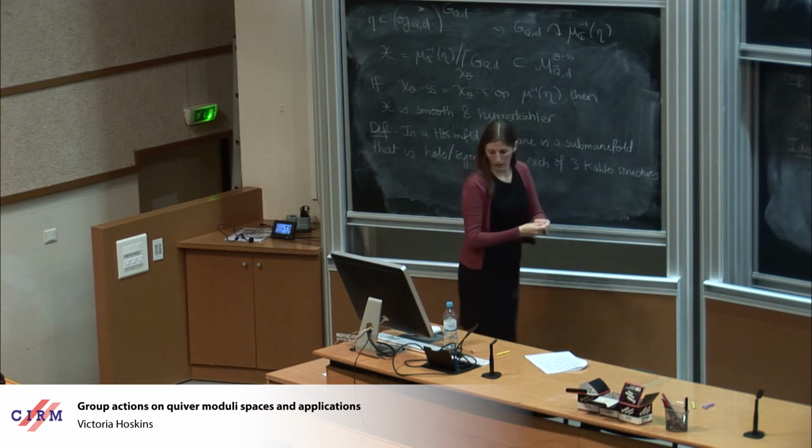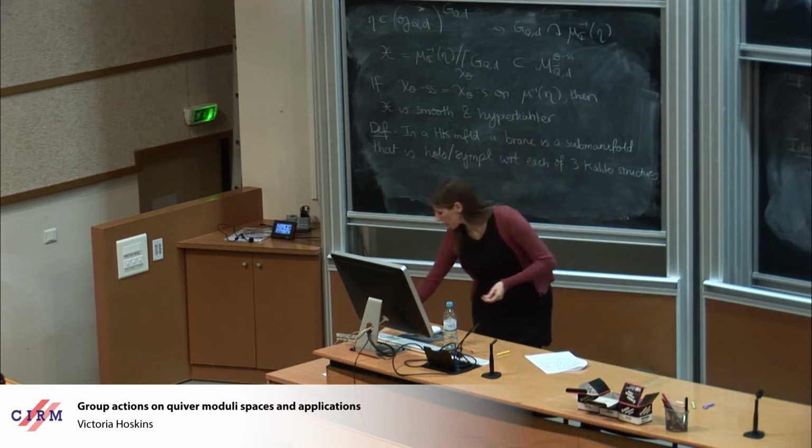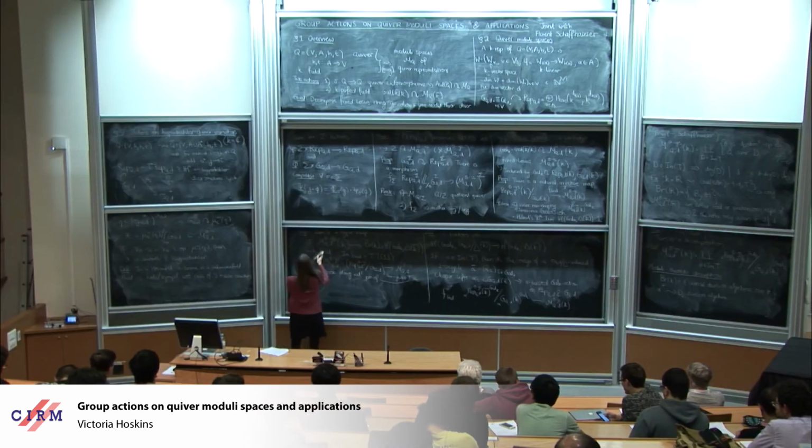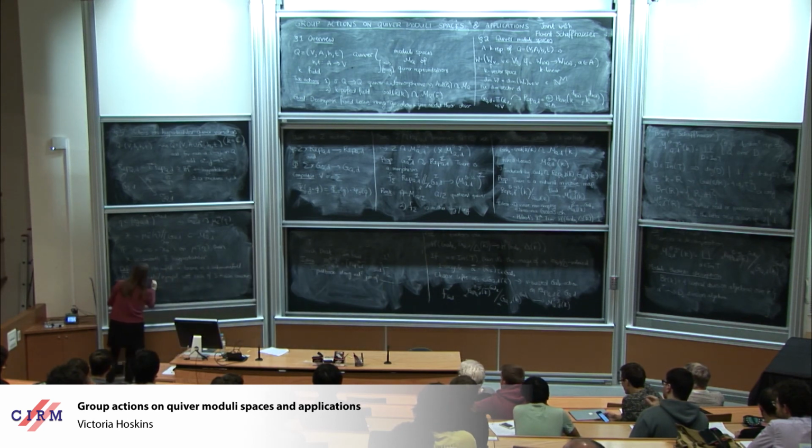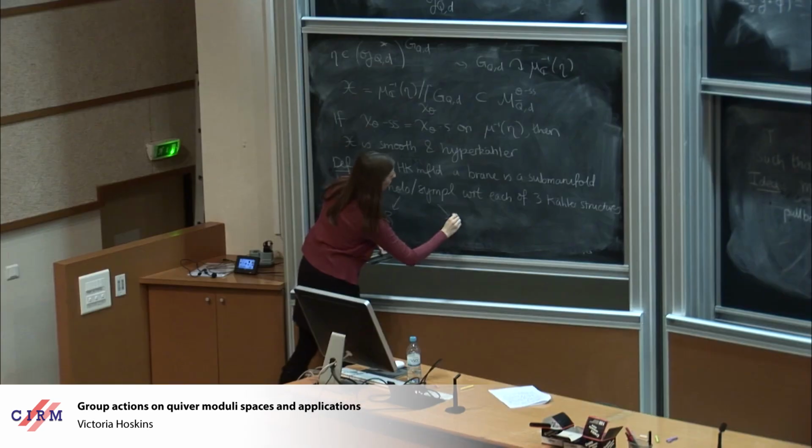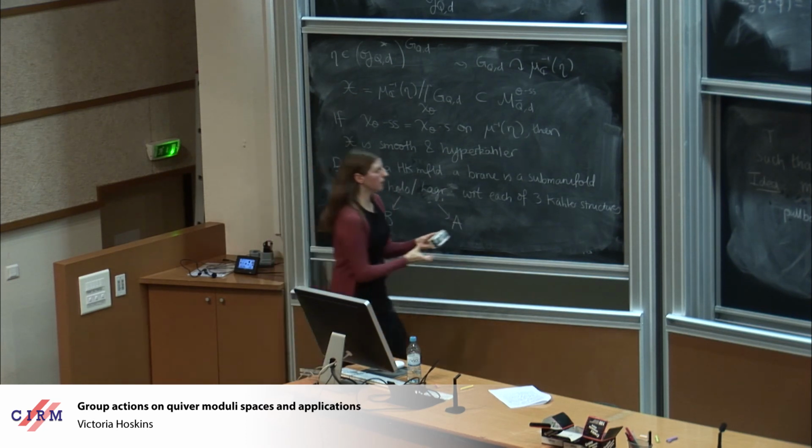And in fact, there are four types of branes. So you have hyperholomorphic, which is, oh, I forgot to. Right, so these we call B branes. Oh, sorry, Lagrangian here. Yeah. And these we call A branes.